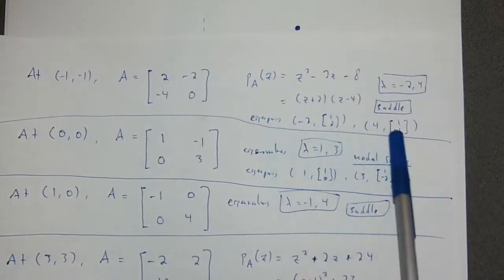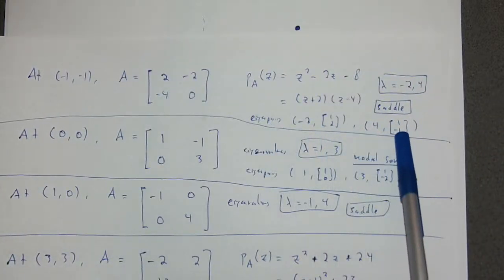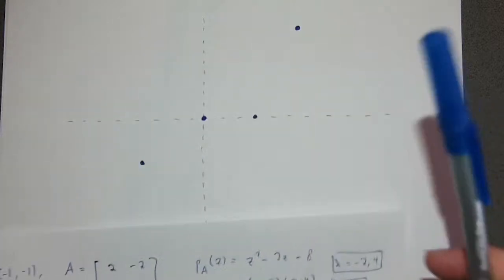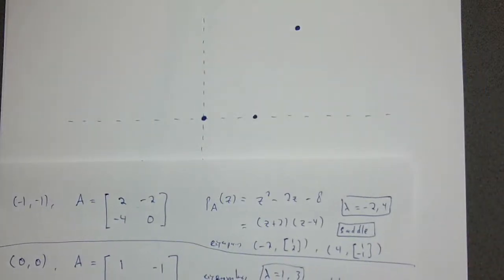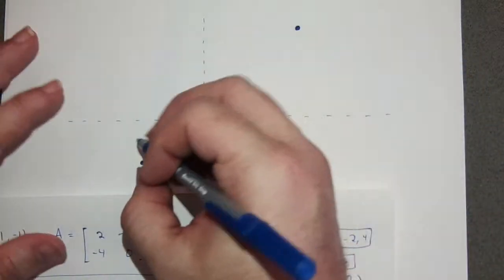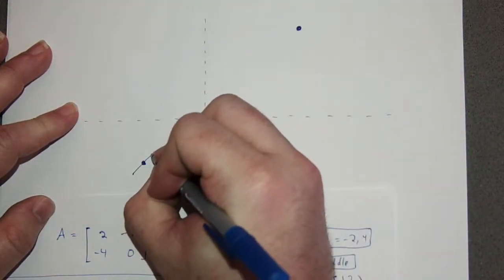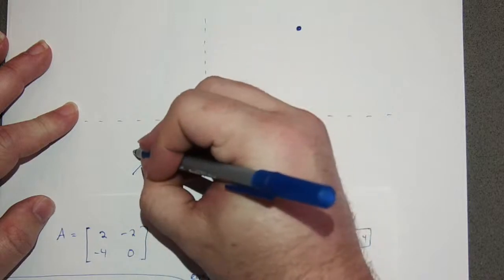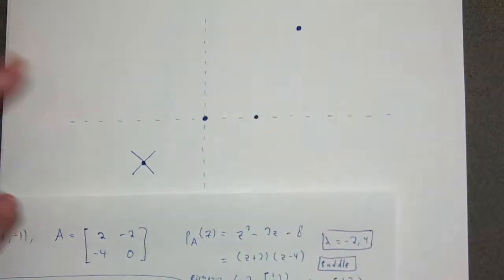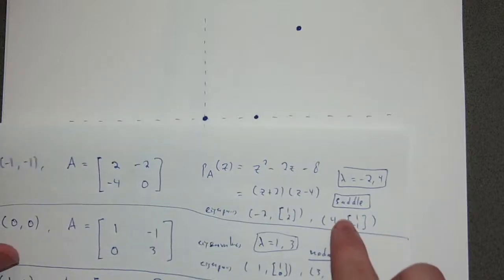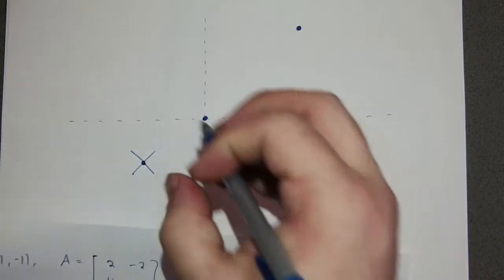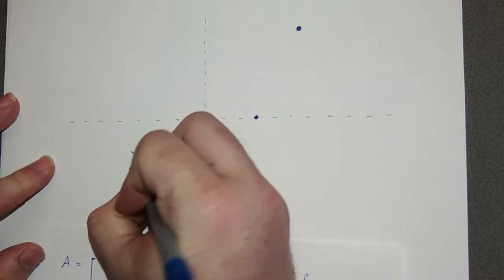Well, at -1, -1, I have a saddle. Here's my eigenpairs. So locally, I have line solutions coming out of this point. So there's my line solutions. For the line solution for 1, 2, it's going towards.